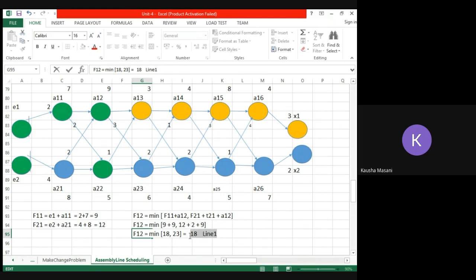I need an answer here. Yes, ma'am. You can highlight this. As I have done bold, you can highlight this in the question paper: F12, the answer is minimum number 18. 18 falls in line 1. Fine.